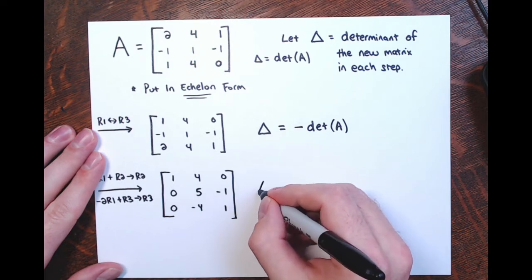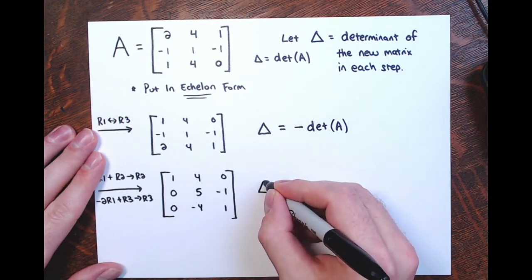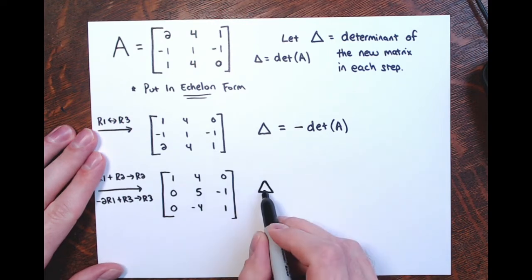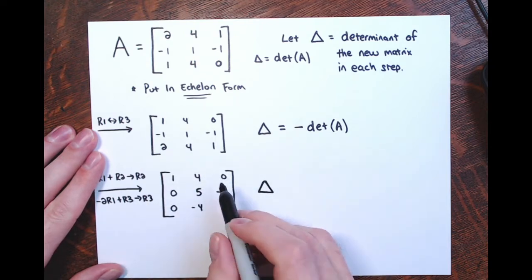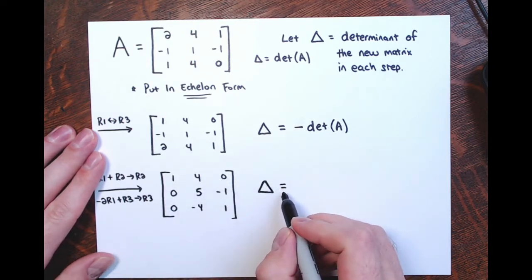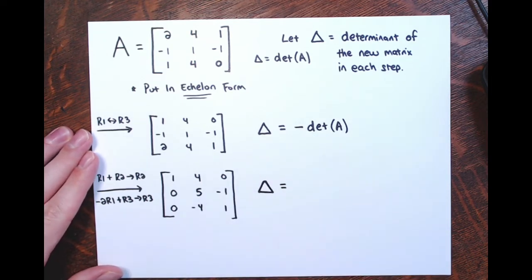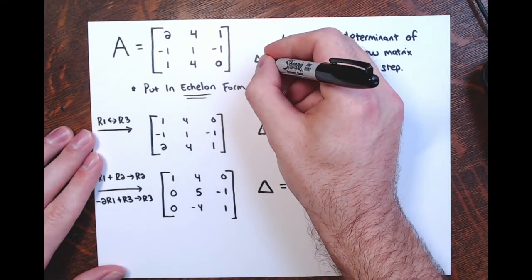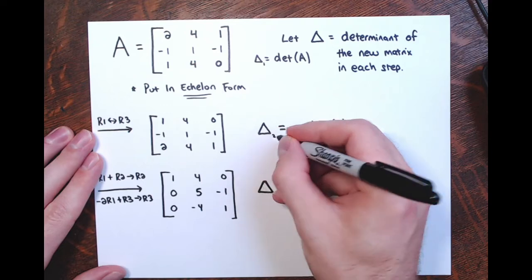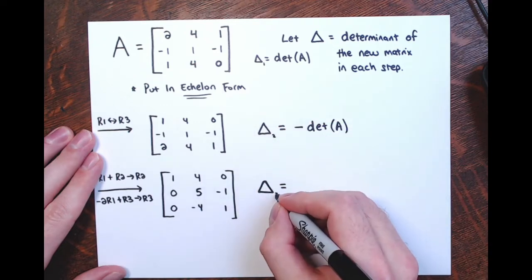Now the triangle will represent the determinant of this matrix, which is going to be exactly the same as in the last step. And maybe I could even put the step numbers, triangle 1, triangle 2, triangle 3.